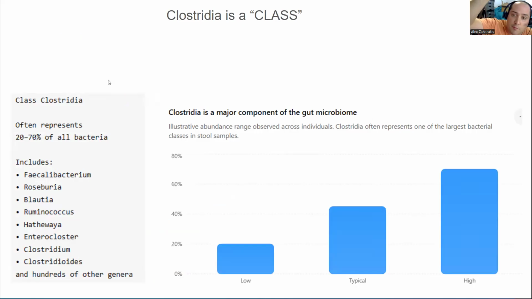It's like saying how many people live in my state, right? Versus how many people live on a really, really bad block in my state. So the range for Clostridia in the gut, even between bad and good, is like 20 to 70%.